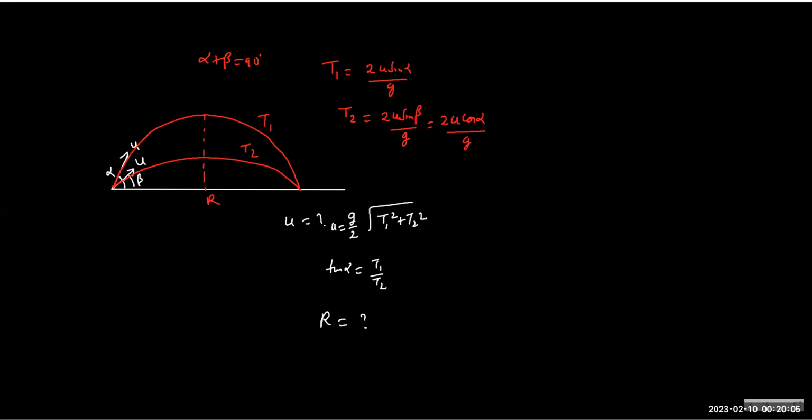Oh, okay. Sir, g T1 T2 by 4. By 4 by 2, just check. Okay, by 2, sir. Yeah. Very good.